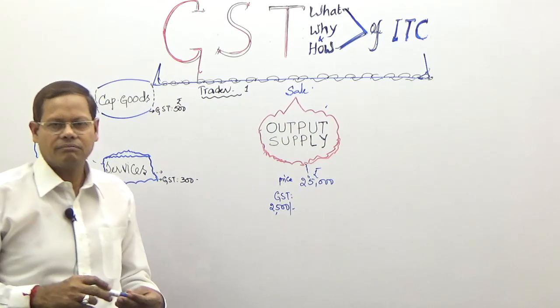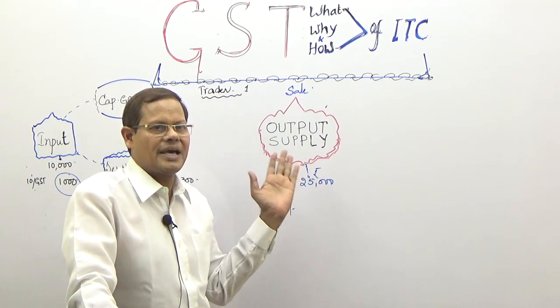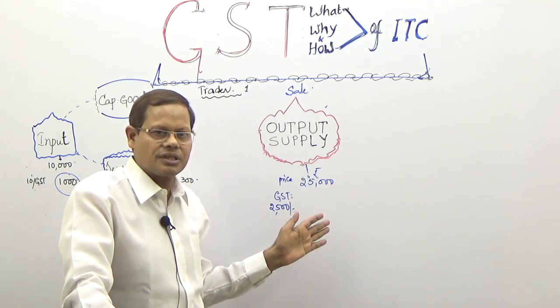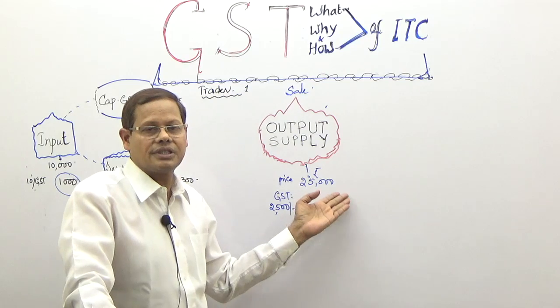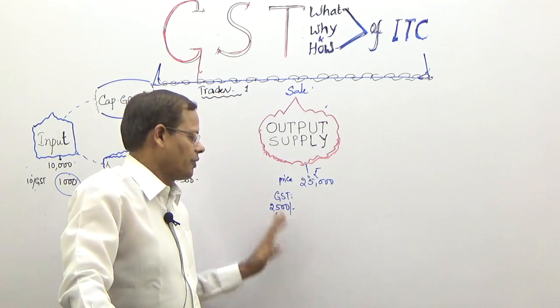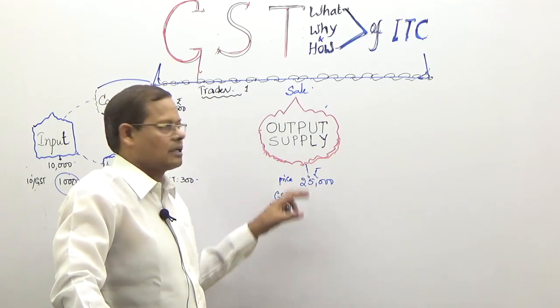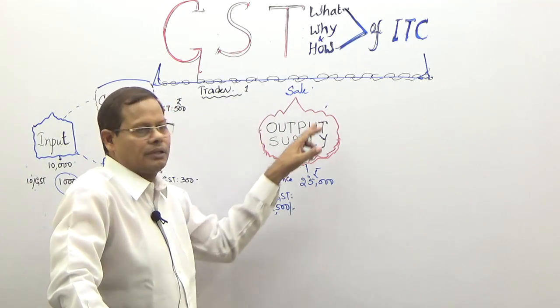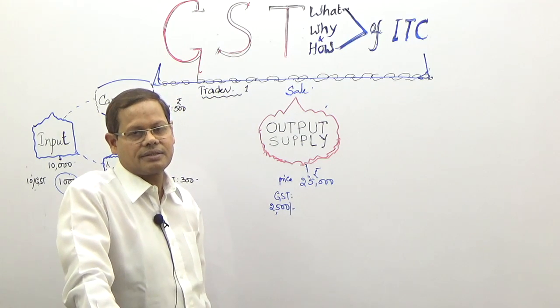He has to pay GST because on his outward supply he has to pay tax. I have calculated 10%, 25,000 is the price, and 2,500 is the tax. So this is the tax on the whole amount, the whole sales value, that is the gross value of sales.